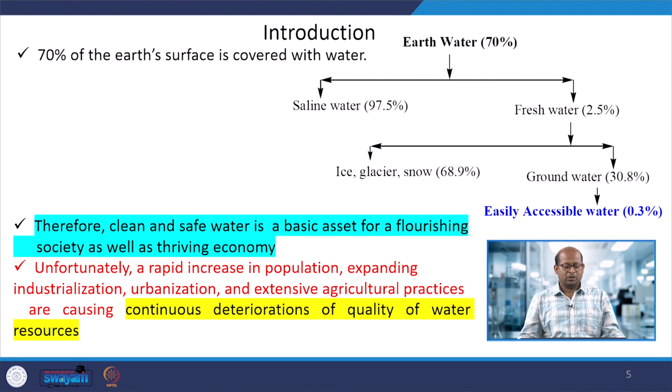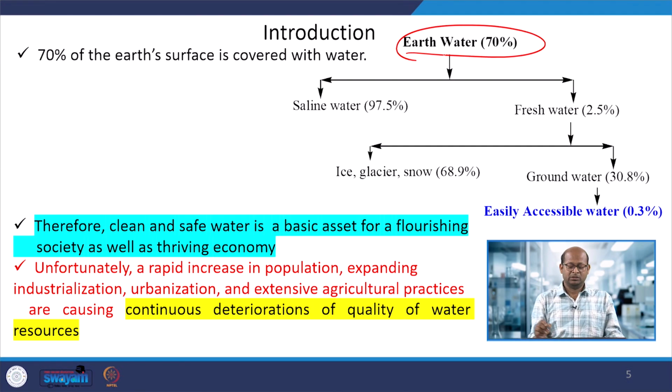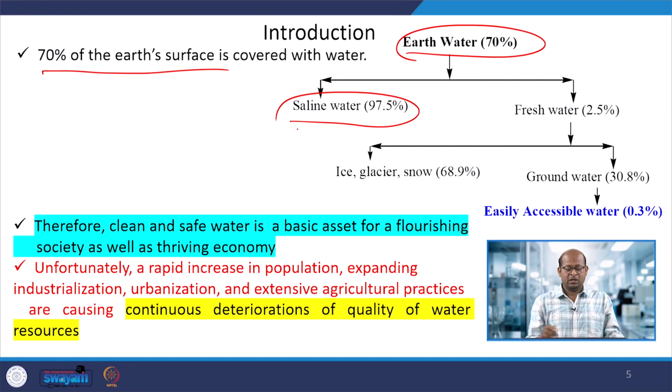Now if we talk about water, wastewater, 70% of the earth's surface is covered with water. Out of that, saline water is 97.5%, and fresh water is a very small amount, 2.5%.